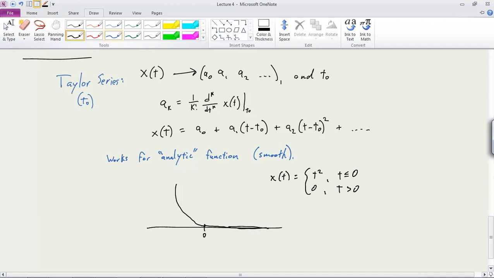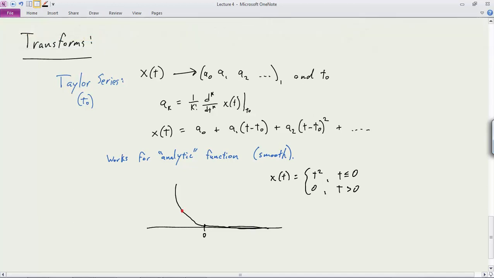If you did a Taylor series expansion here, you would use that t squared, and when you invert this, you'd get a quadratic function as your Taylor series expansion, even if you took an infinite number of terms. And if you did it on the other side, you'd just get back a constant, no matter how many terms you took. So it doesn't work for every function, but that's okay.